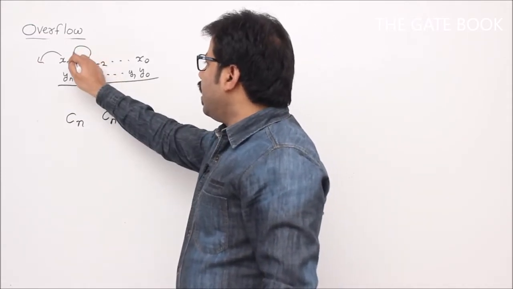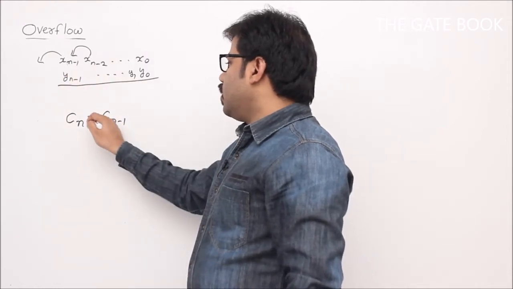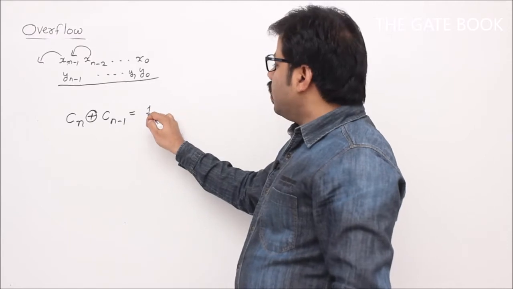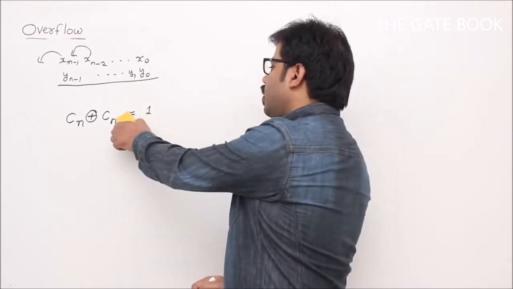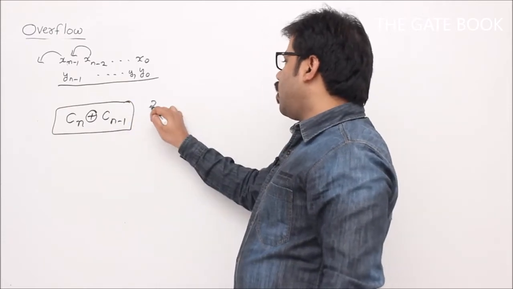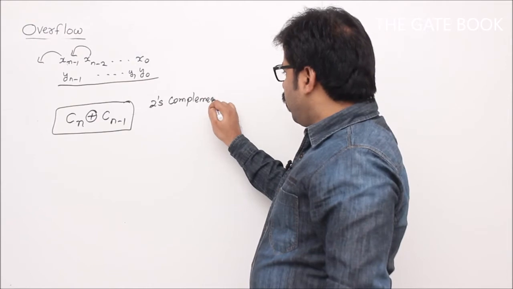C(n-1) is the carry going into the most significant digits. So their XOR, Cn XOR C(n-1), is 1, then there is an overflow. That's why this is a very simple circuit to detect 2's complement overflow. Remember it, 2's complement overflow.